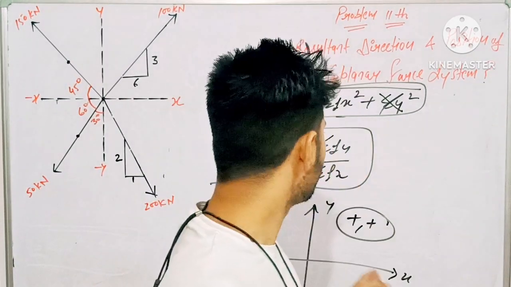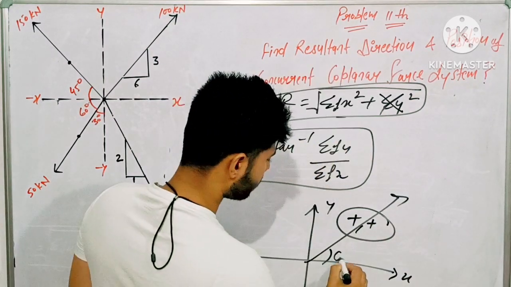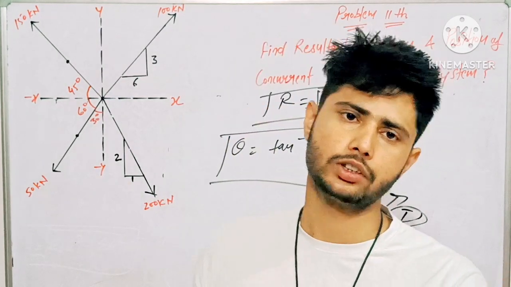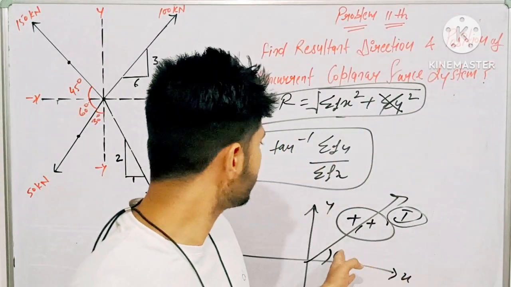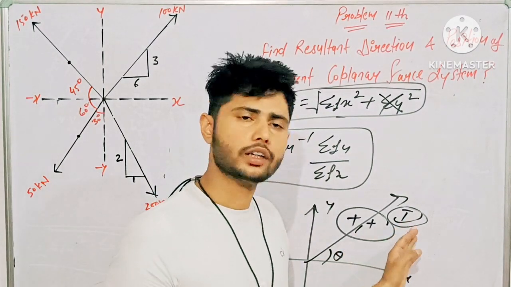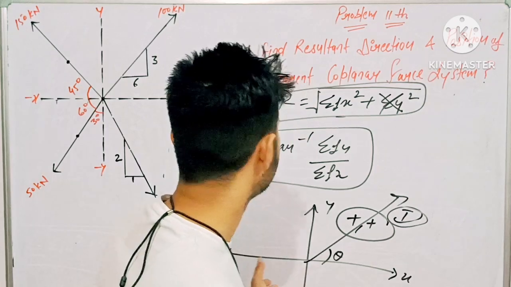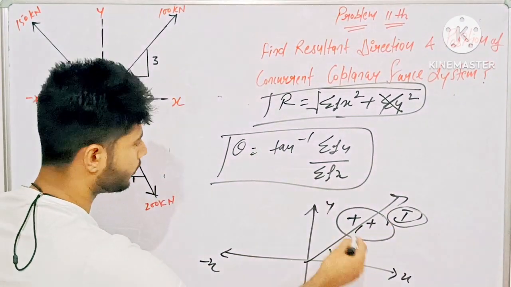According to your answer, your resultant will move in the first quadrant. If the summation of horizontal forces is plus and the summation of vertical forces remains plus, then your resultant will go in the first quadrant, at an angle of theta from the horizontal axis. The same case applies in these four quadrants.